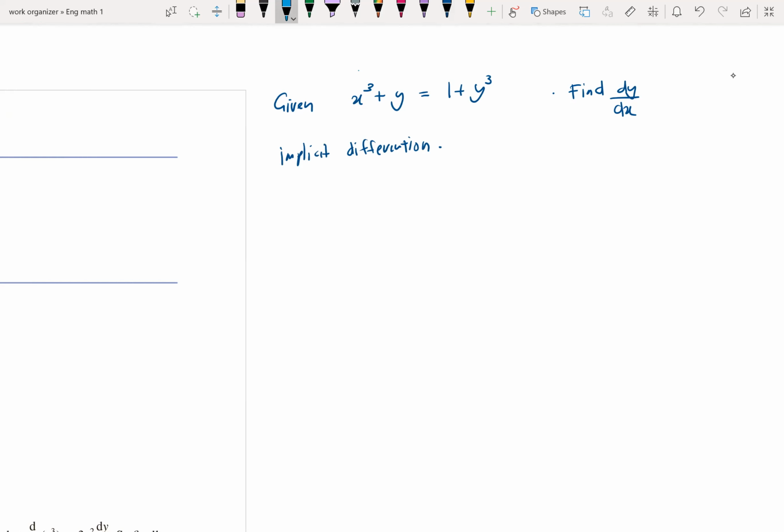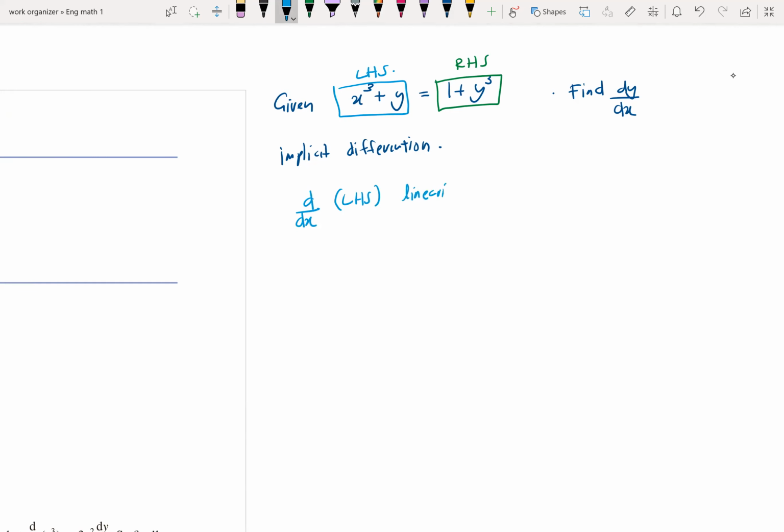This is the left hand side, everything that is on the left, and then we have the right hand side, everything that is on the right side. For the left hand side we will differentiate over x.